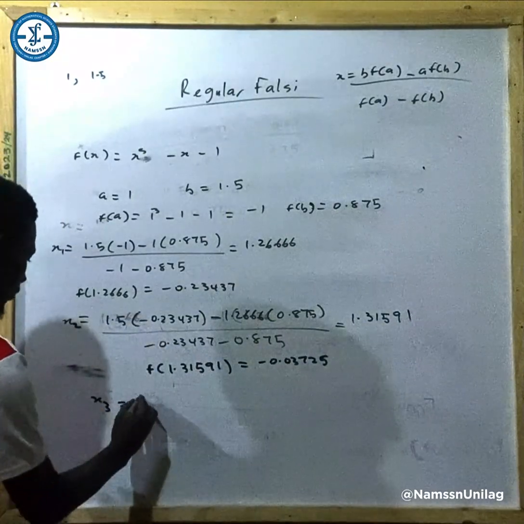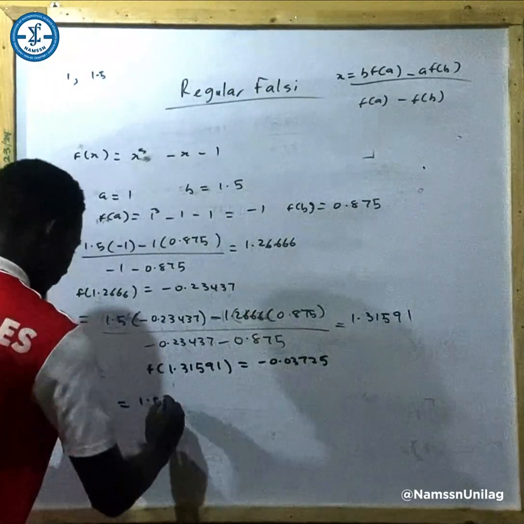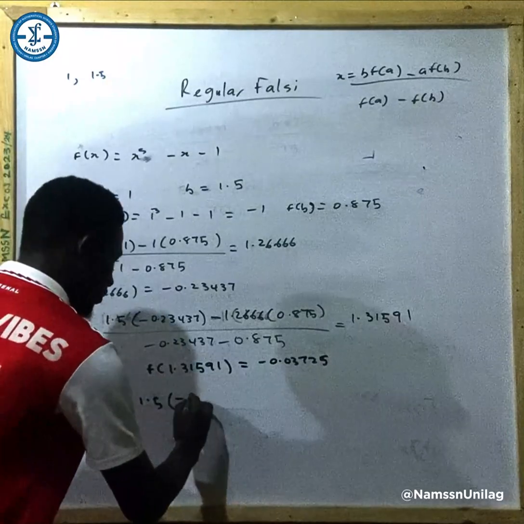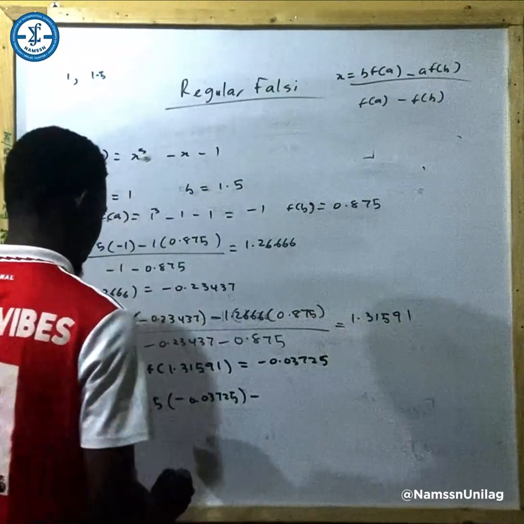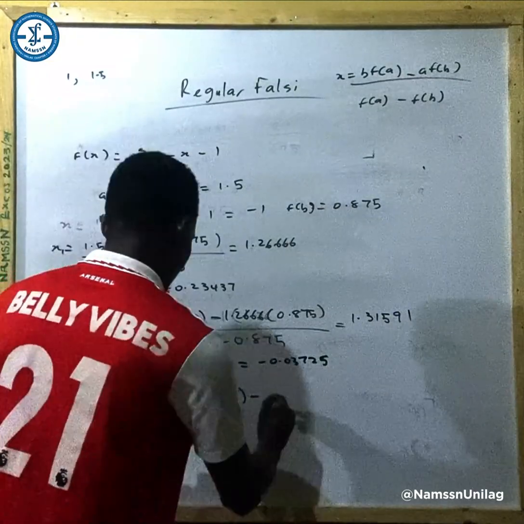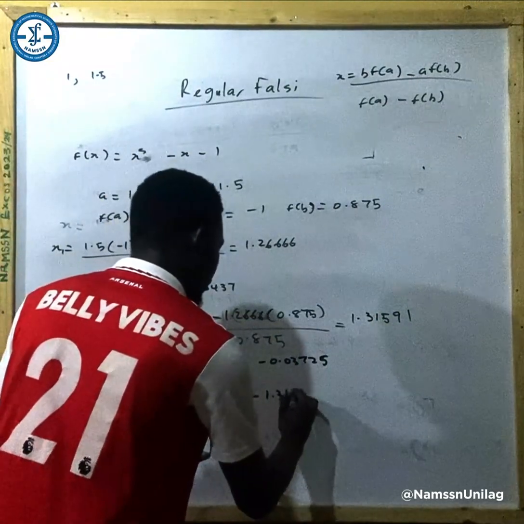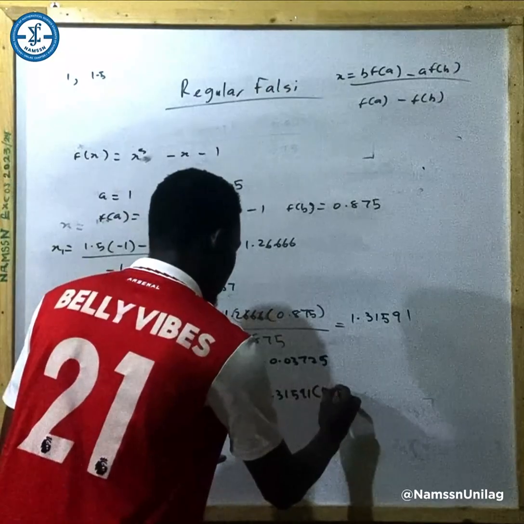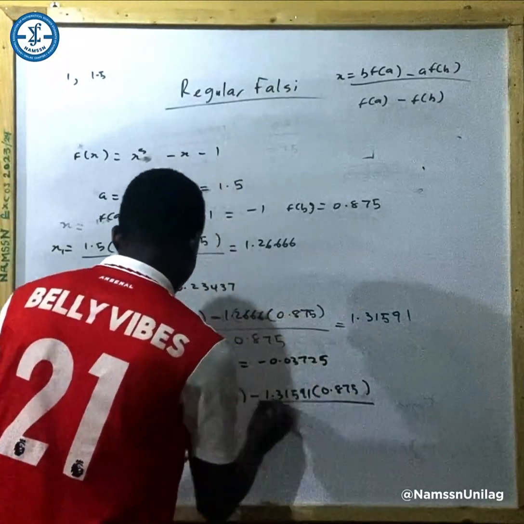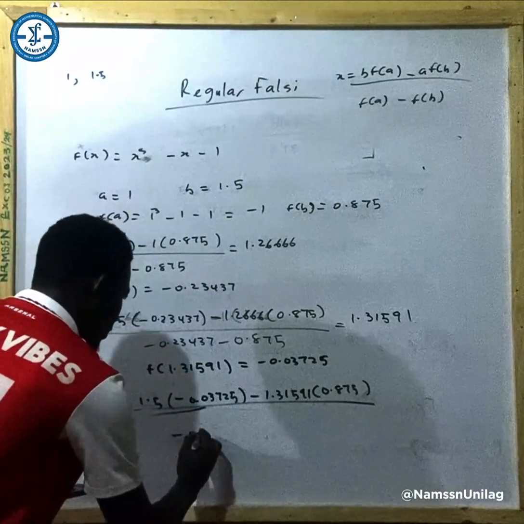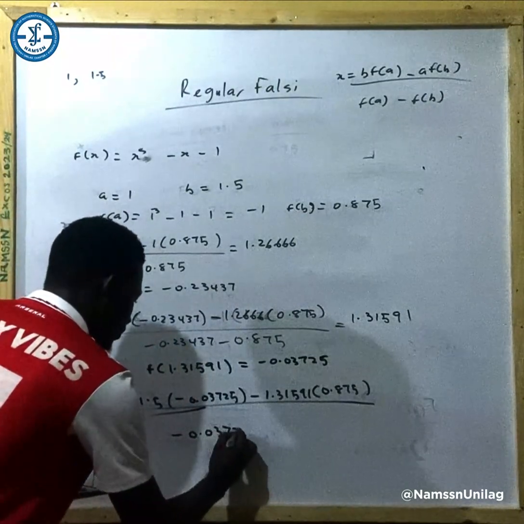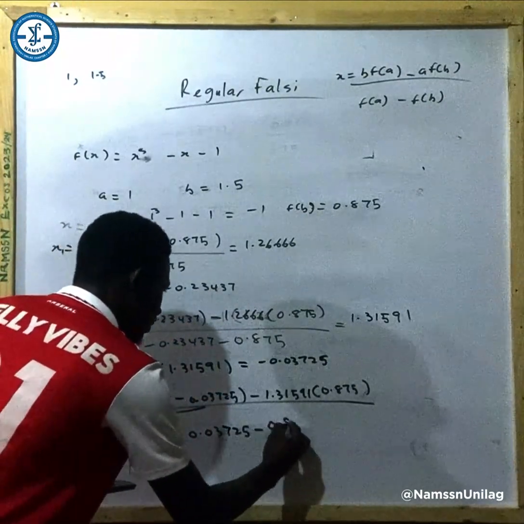So you'd have 1.5 into brackets minus 0.03725 minus 1.31591 into bracket 0.875 over minus 0.03725 minus 0.875.